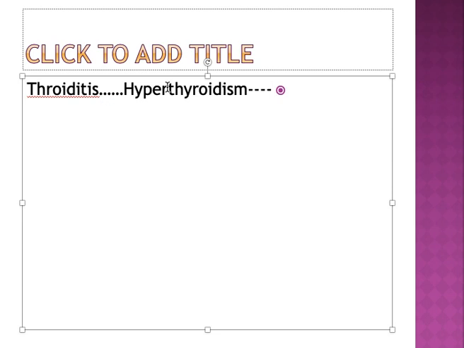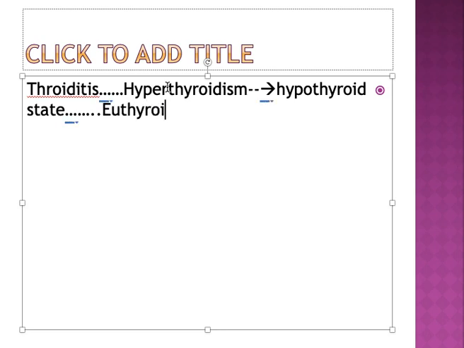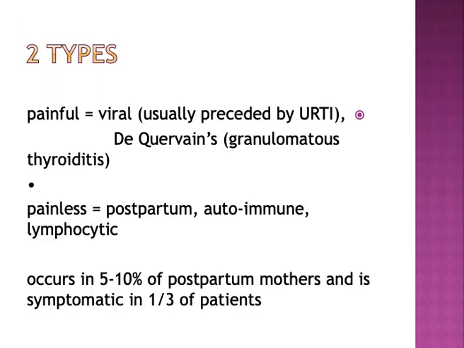Then they will go into the hypothyroid state, and later, after weeks to months, depending on every patient, the thyroid level in the blood will become normal, and the patient will be clinically asymptomatic. We also call this the euthyroid state.